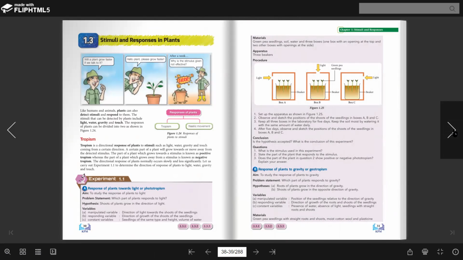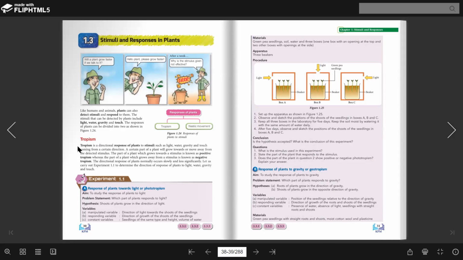Next, we are going to enter the last one, which is the stimuli and response in the plant. The first one is tropism. Tropism is a directional response of a plant to stimuli such as light, water, gravity, and touch.